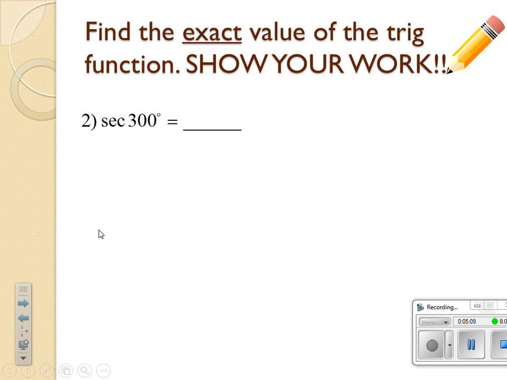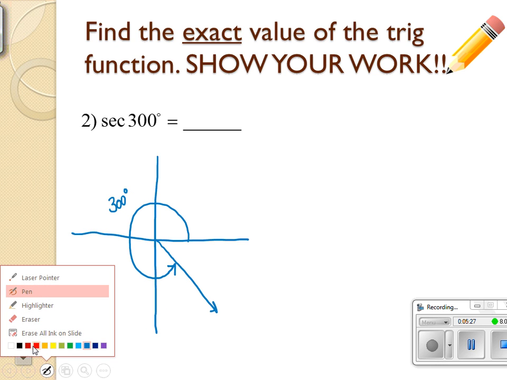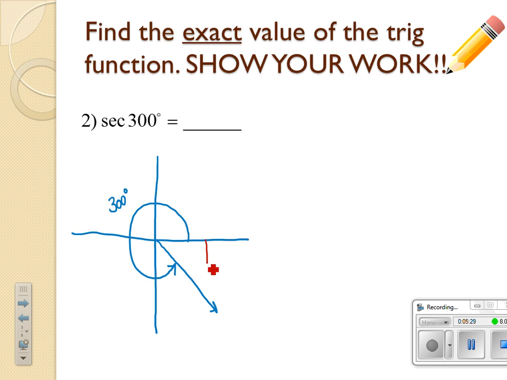Okay, let's try another one. The secant of 300. So now I'm going to draw a 300-degree angle. So that's counterclockwise. 300 puts me to here. Okay, 300-degree angle. I need to find my reference angle. So I'm going to drop my 90-degree here.